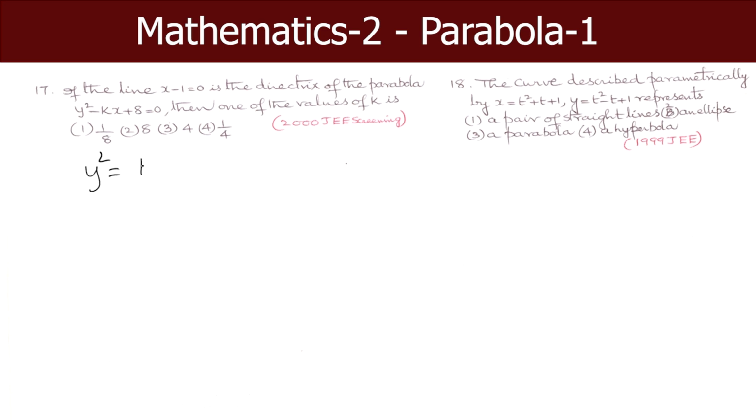Y square equal to k into (x minus 8 by k), or y square equal to kx with respect to (8 by k, 0) as origin.